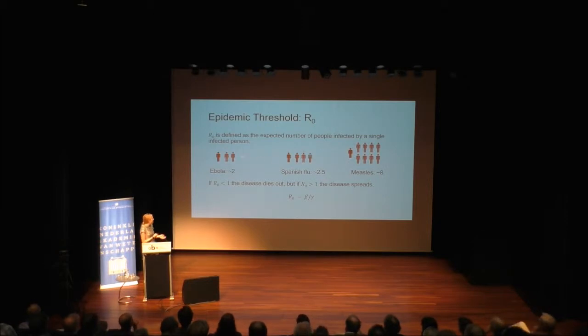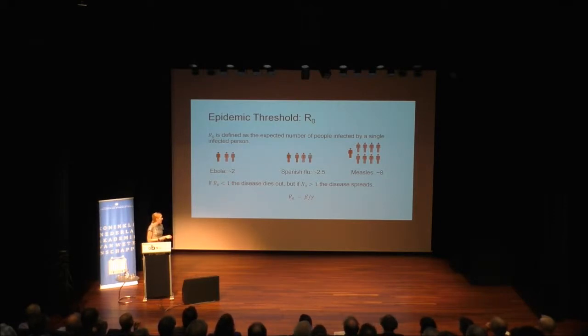Now, it's perhaps not hard to imagine that the higher this number R0, the faster a disease spreads, and the more people will get sick. And in fact, this epidemic threshold lies exactly at the value R0 equals 1. So if R0 is smaller than 1, the disease dies out.